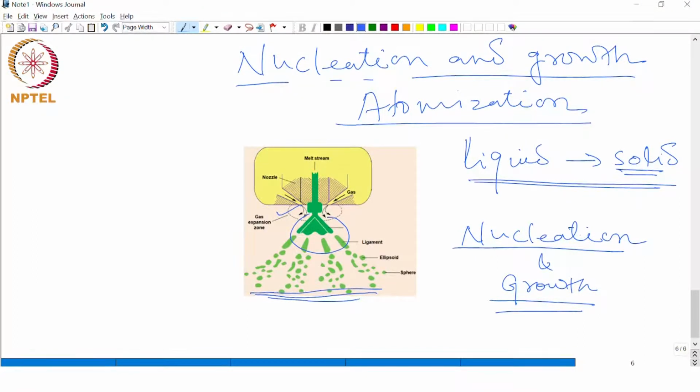And if you want to change the state, then you will have to do something to the system. That means you need to do certain work on the system in terms of either extraction of heat or addition of heat. Okay. So, all this boils down to the energy of the system.